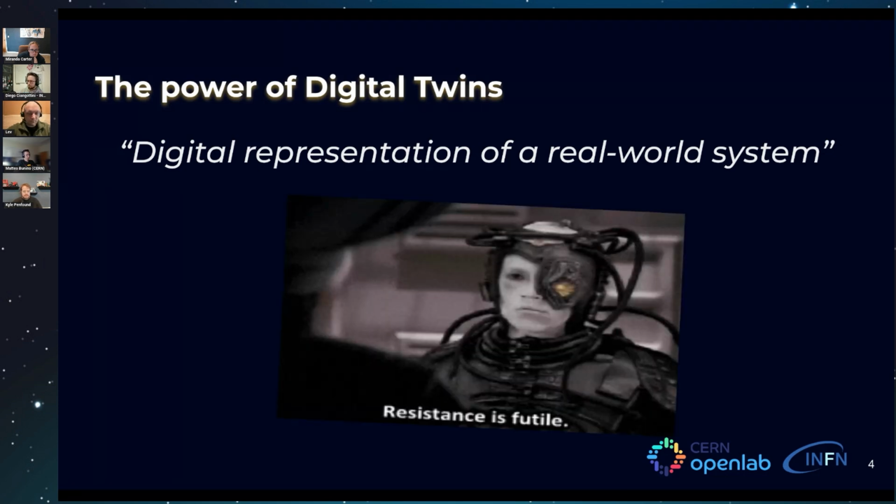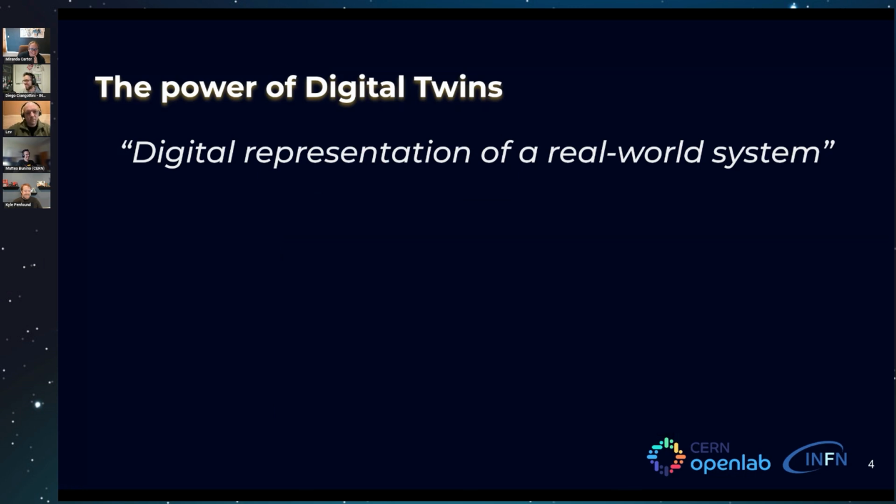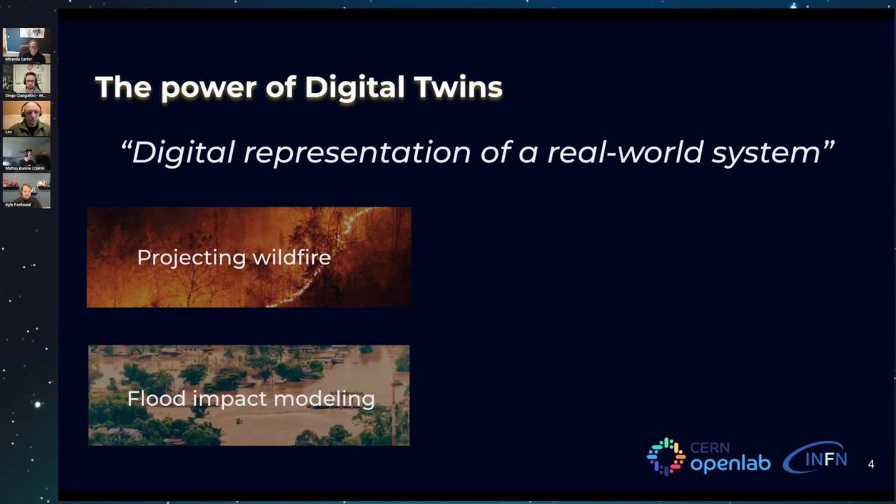This means that, for instance, I have a wildfire, and I want to project into the digital world what can happen if a wildfire spreads somewhere. I need a digital twin of the reality to simulate that. Same for the flood impact modeling.